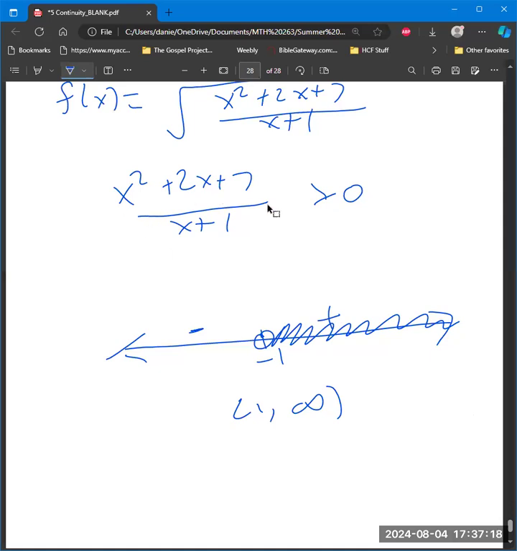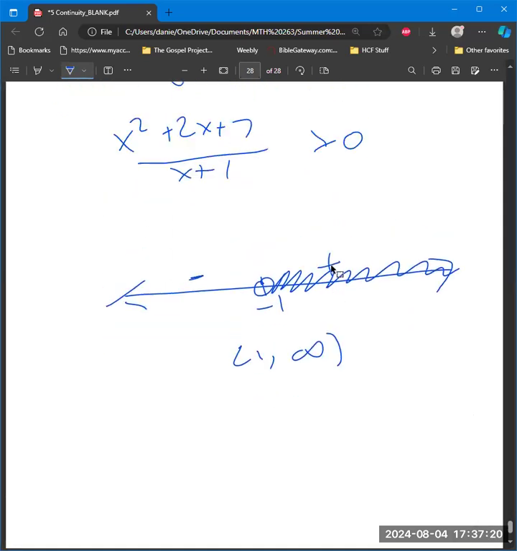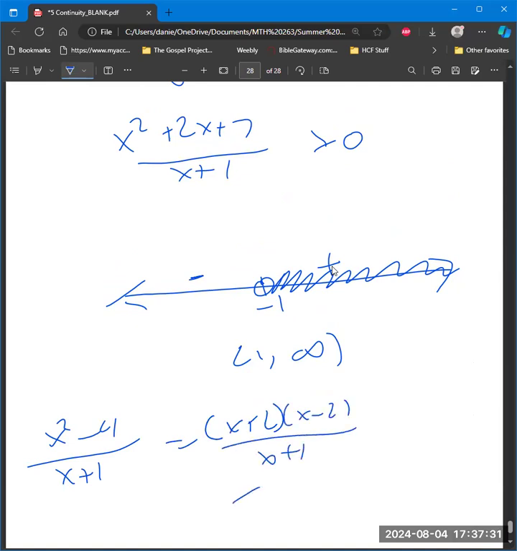If I could have factored the numerator, let me give you an example of that, x squared minus 4 over x plus 1 would be x plus 2, x minus 2 over x plus 1. I'd be interested in -2, +2, and -1, which would all be zeros, and they would all be negative on this side.